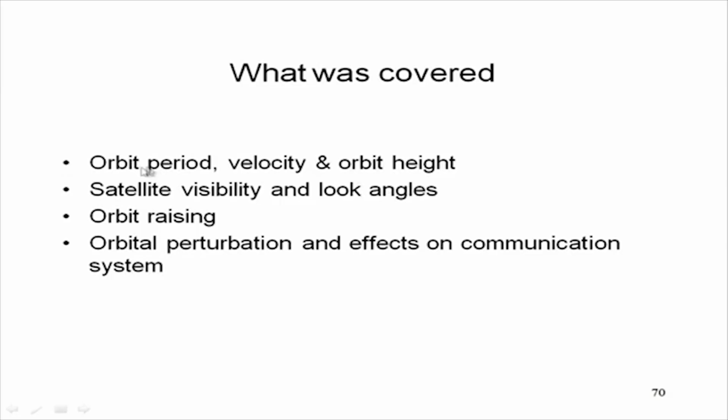What was covered from the beginning in these 4 sessions: we have covered the orbital period, the velocity and the orbit height, their relations in the circular orbit and in the elliptical orbit, and also how to find the location of the satellite.